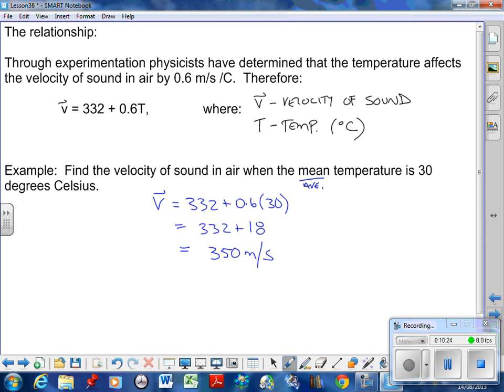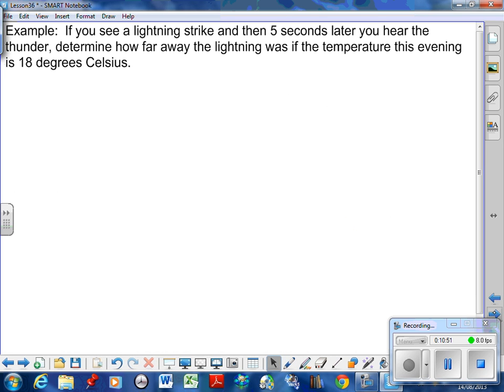Compared to if it was at freezing, 0 degrees, it would be 332. So it definitely does increase as the temperature does. So at 30 degrees C, the speed of sound is 350 meters per second. There we go. Let's do the next example then.